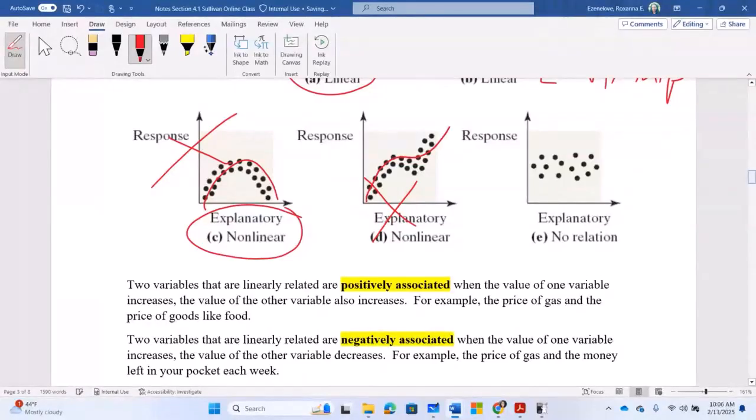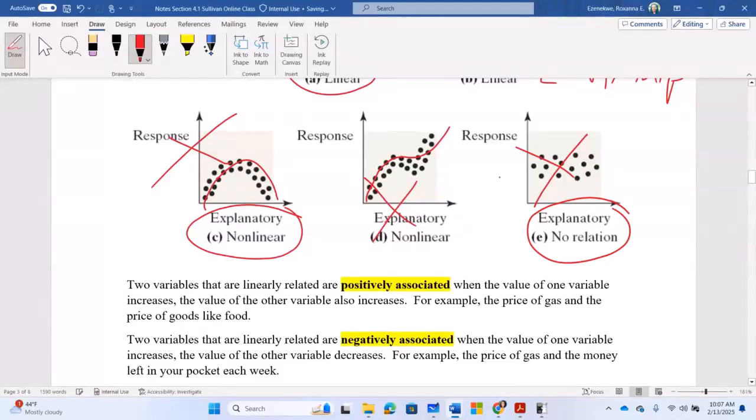Also, in this particular question, we shall say there is no linear relationship because I can't even tell whether it has a positive or negative slope. So the important thing is there's no linear relationship.